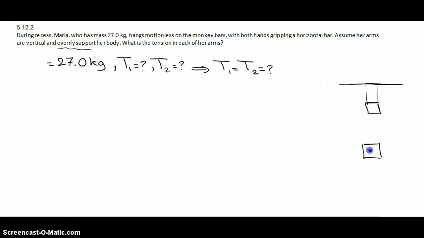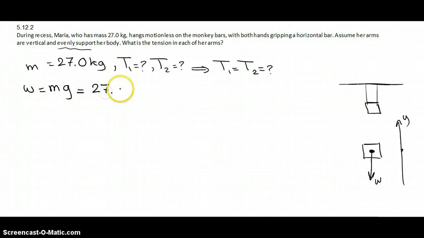So what forces act on Maria's body? First, like every object, on the vertical we have the force of weight acting on it downwards. And we know that we're going to use the weight, so we might as well prepare it right away. We know that the weight is equal to the mass multiplied by the gravity.